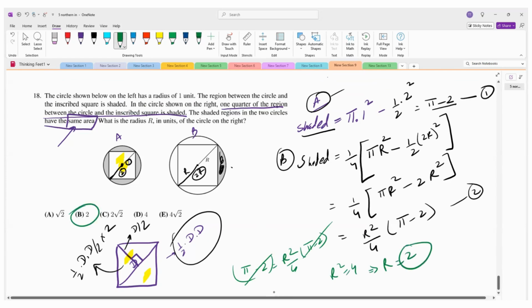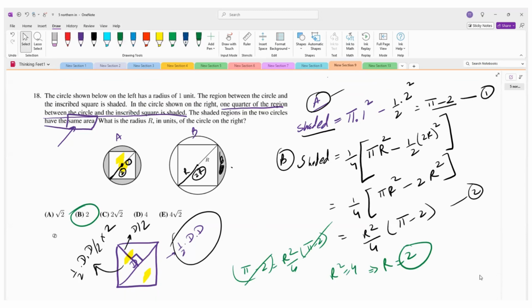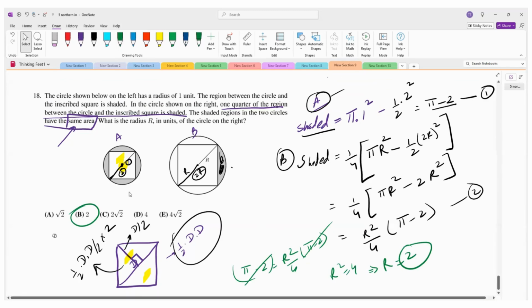So if I were not writing so much, maybe it's a 45-second question that can be done in 30 or less, but conservatively, let's say this is a 45-second solution.